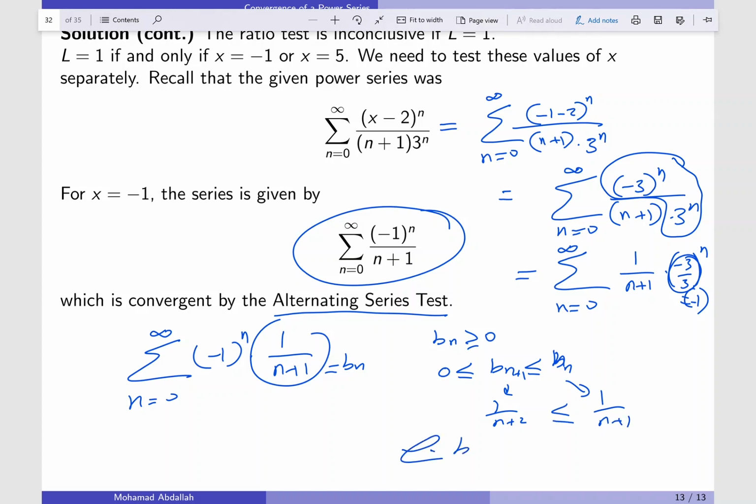And the limit of Bn when n approaches infinity is equal to 0. So by the alternating series test, this is convergent. Then at x equal -1, the series will converge. So I'm going to add this endpoint to my interval of convergence.